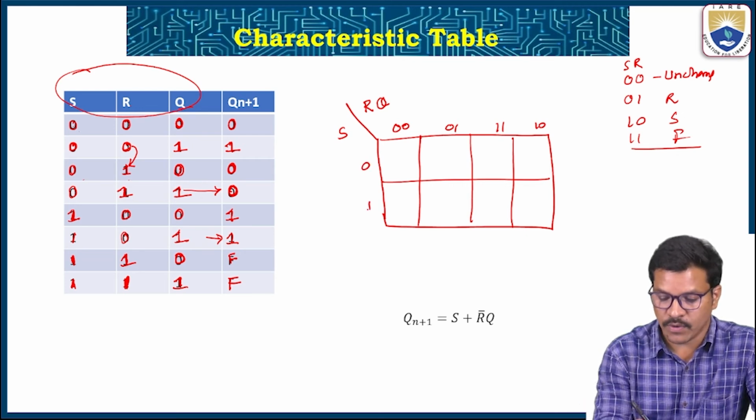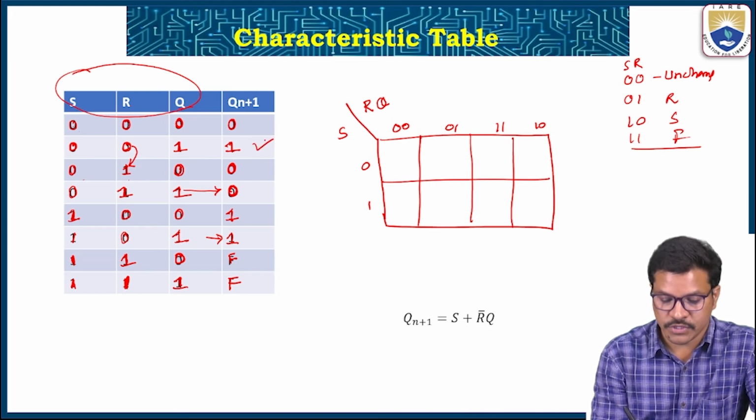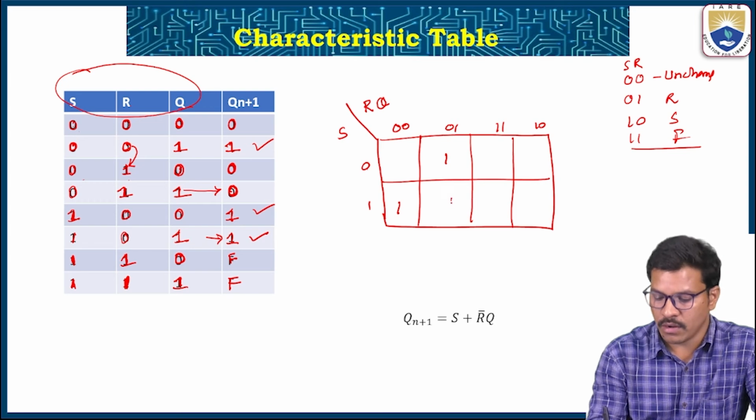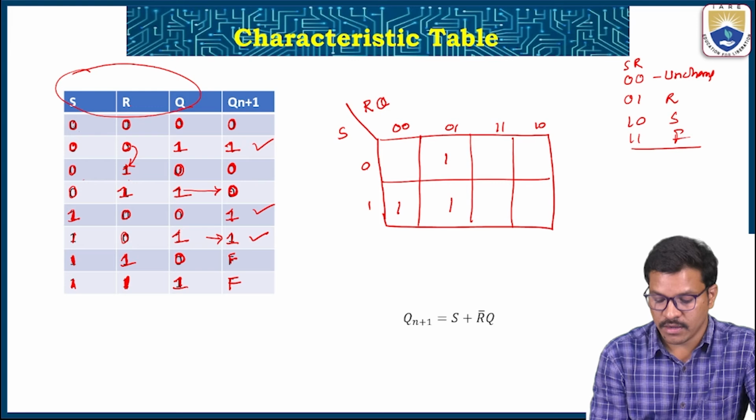So where will be the logic one for Qn plus 1? 0 0 1 0, 0 0 0 1, and where will be the 1 1: double 0 1, and another one 1 0 1. And this forbidden case we can consider as don't care, 1 1 0, 1 1 1 don't care.